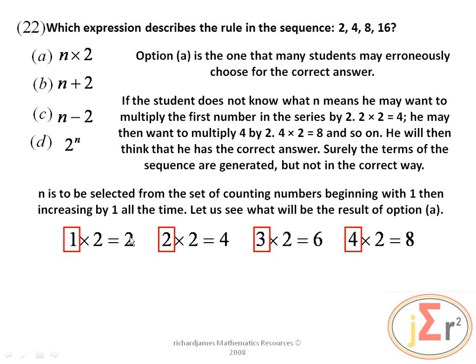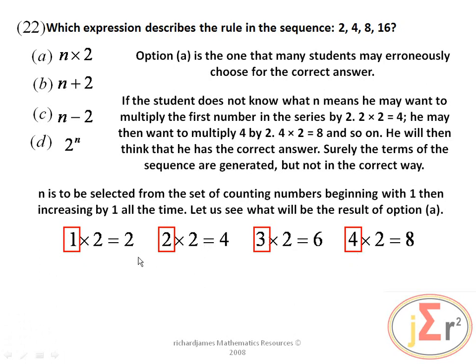The result is 2. Then 2 multiplied by 2. The result is 4. Then we move to 3 and we do the same thing to 3. Then we move to 4. We do the same to 4. And if we have 5, we do the same to 5. On and on and on. Therefore, the rules should be applied to the counting numbers 1, 2, 3, 4.